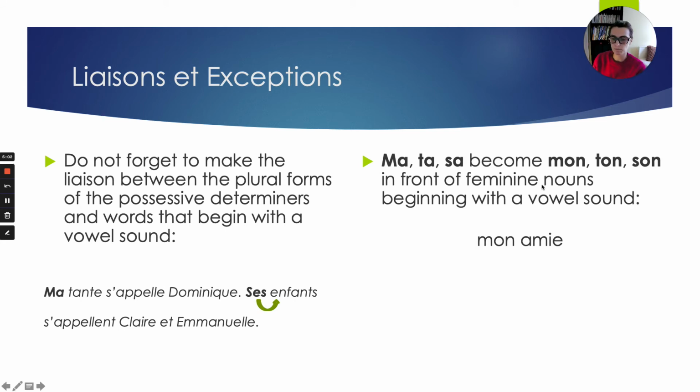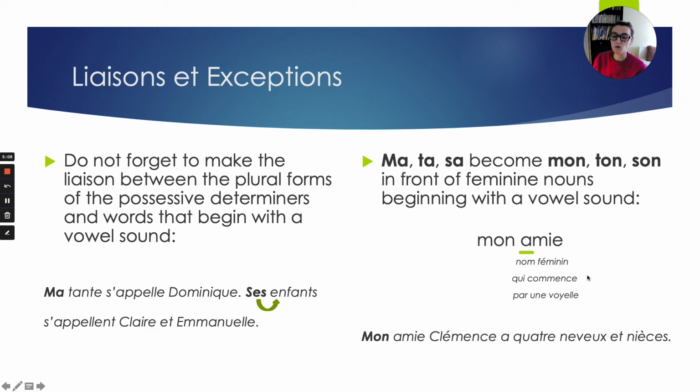Mon amie Clémence a 4 neveux et nièces. Another example of this is école. École, school, is a feminine noun, but I would still use mon, ton, or son because it starts with a vowel sound. So if I want to say your school, I would say ton école. Ton école. Hear the liaison?